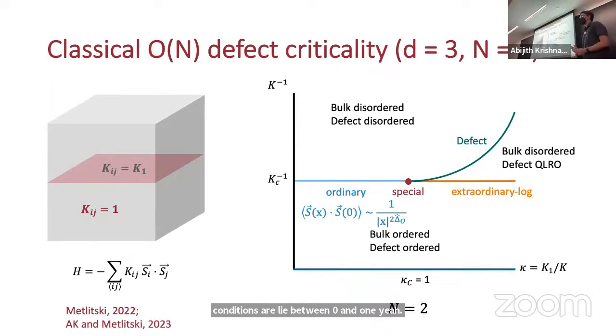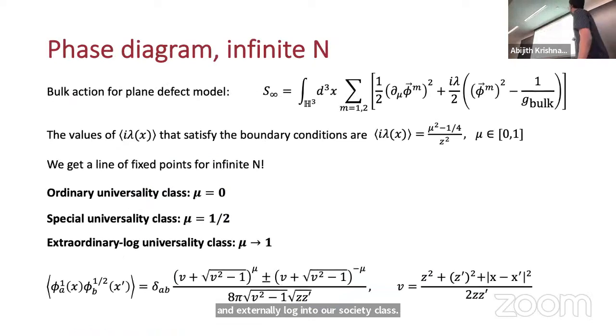So for n equals 2, we have the ordinary, special, and extraordinary log universality class. What if mu is smaller than 0 or larger than 1? If you notice that there's a mu squared here, so mu smaller than 0 is the same as mu bigger than 0.